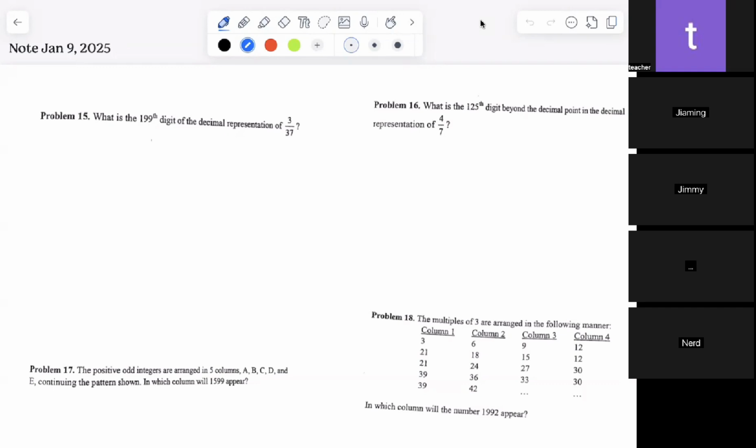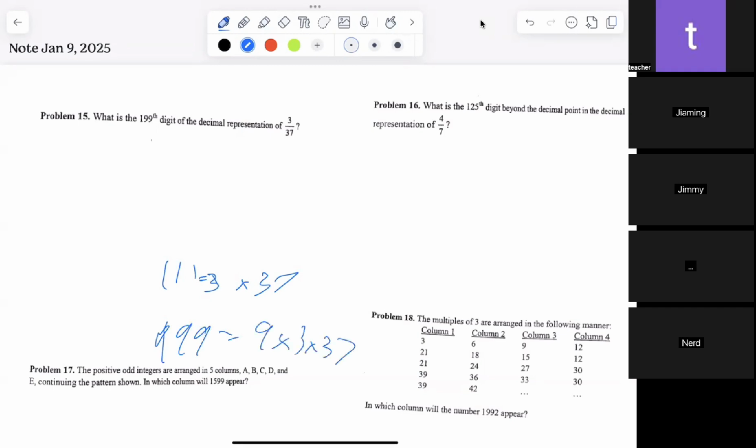Well, first of all, one quick way is to just find the decimal representation itself. Basically, all you do is just continue putting in numbers. For example, notice that 111 is equal to 3 times 37, and 999 is equal to 9 times 3 times 37.